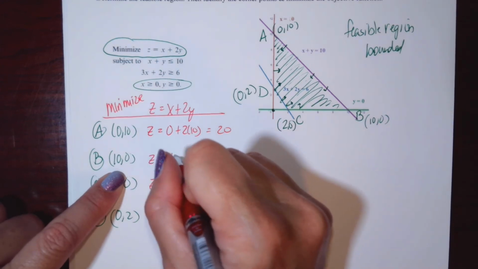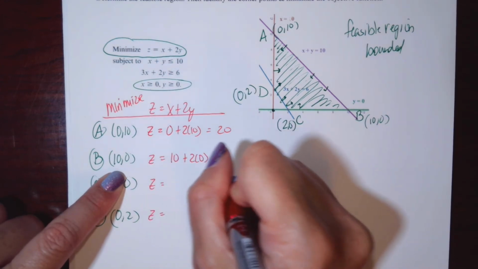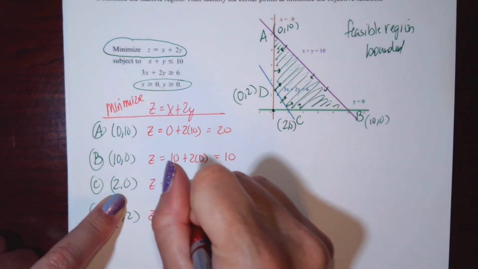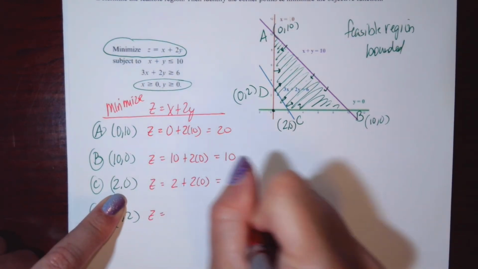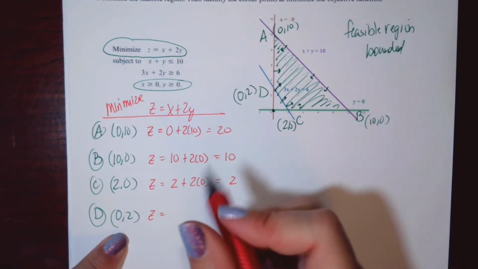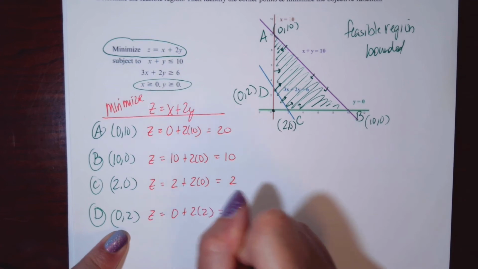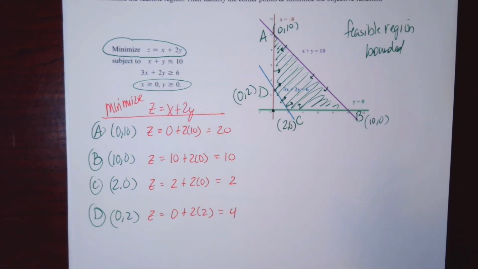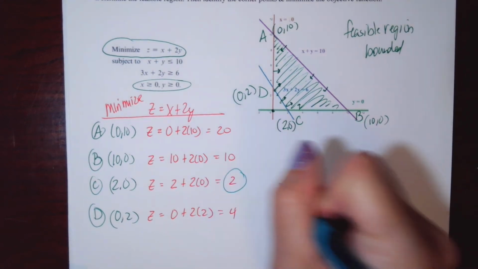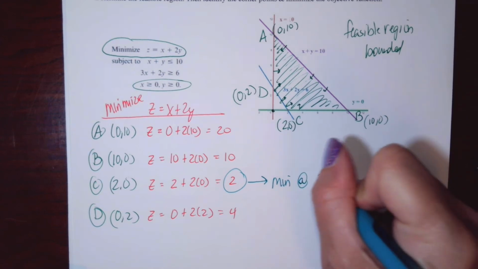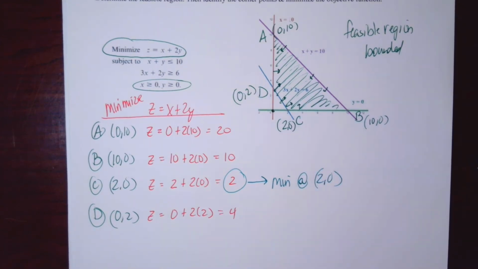Where x is 10 and y is 0, my function value is 10. Where x is 2 and y is 0, my function value is 2. And where x is 0 and y is 2, my function value is 4. So my minimum is here. My function is minimized at that point 2, 0.